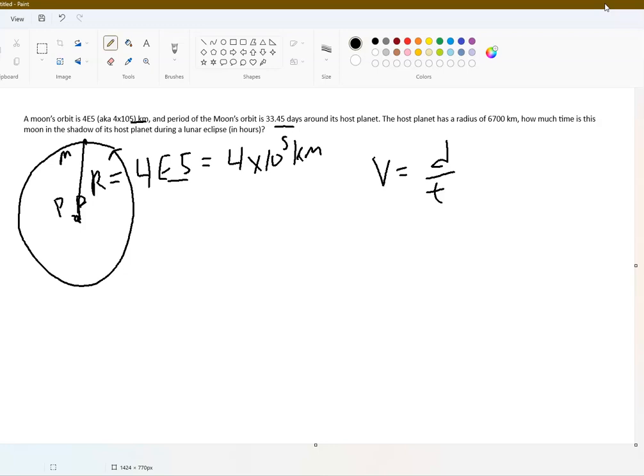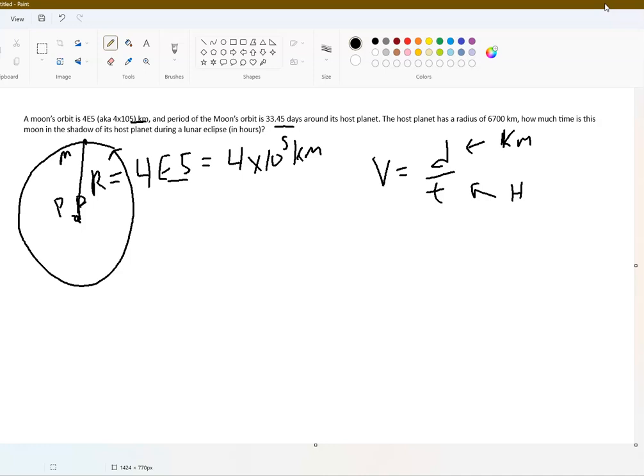Now, to do this problem correctly, the d has to be in kilometers, right? And the time, even though it's in days right now, let's convert that to hours. We'll figure out the velocity in kilometers per hour because that's going to be very useful for us in the second part of the problem.